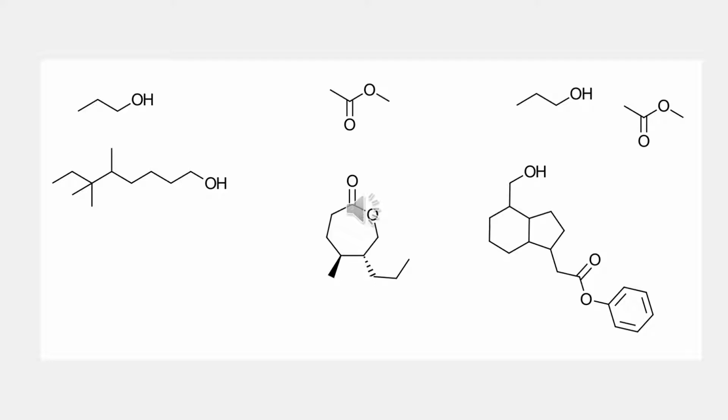This is the idea behind functional groups, that there are subsets of atoms and bonds in an overall molecular structure that act more or less independent of the rest of the structure and have predictable behavior and reactivity.